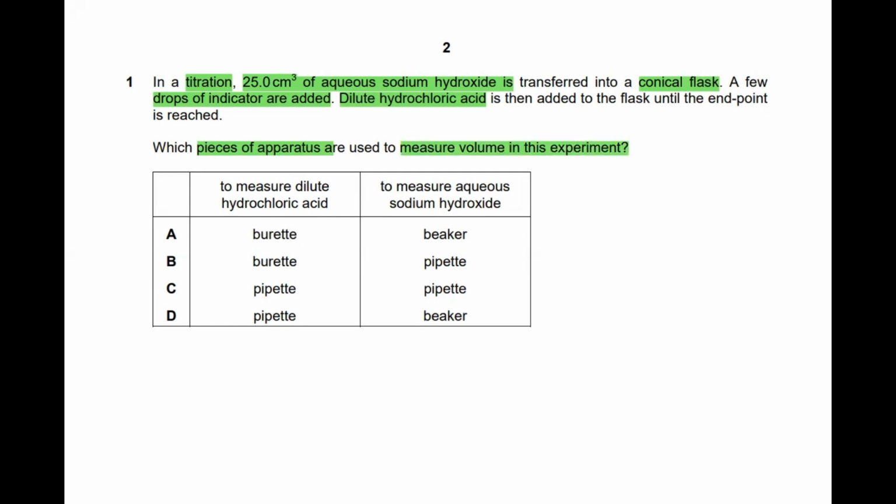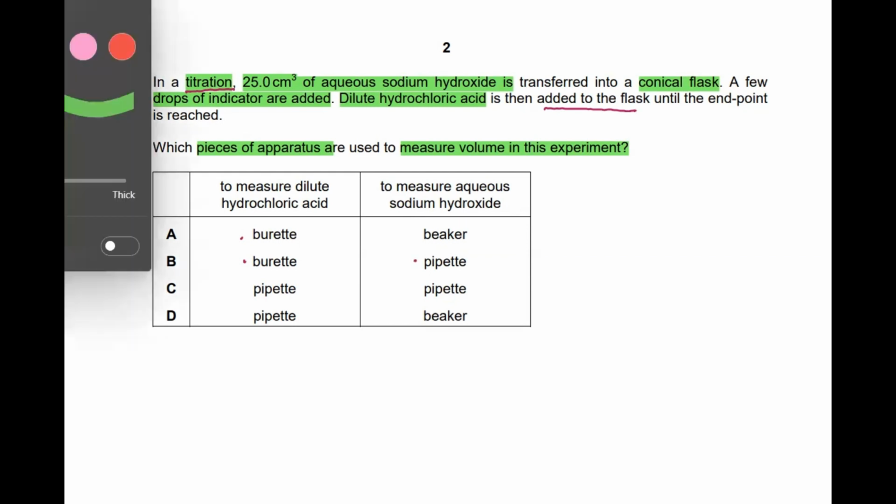So this is the titration experiment, and for the titration, we require the burette and the pipette for accuracy. To measure the dilute hydrochloric acid which they are going to add to the flask, we will be looking for the burette, either A or B. And they are going to take 25 cm cube of NaOH, which they're going to transfer into the conical flask, and for that we will be taking the pipette.